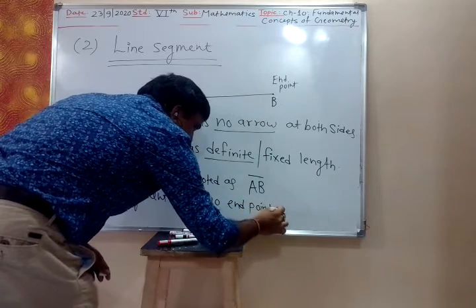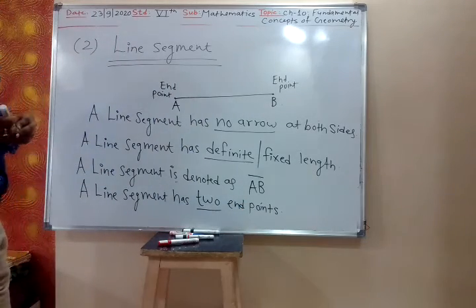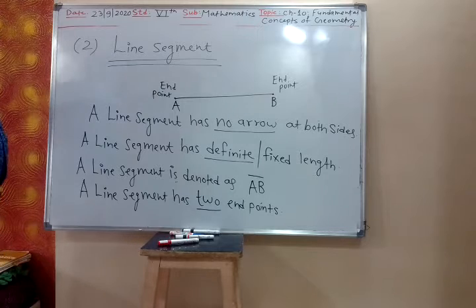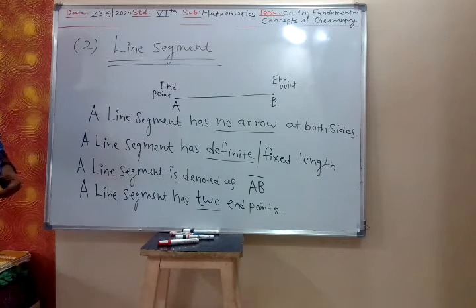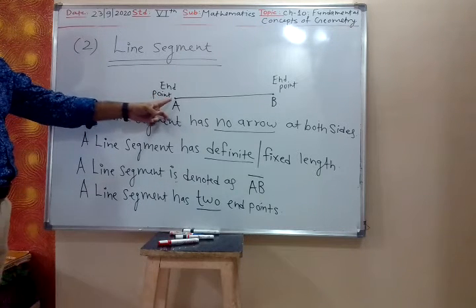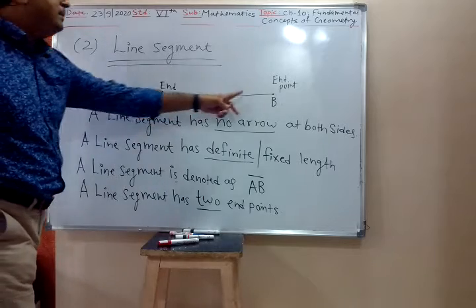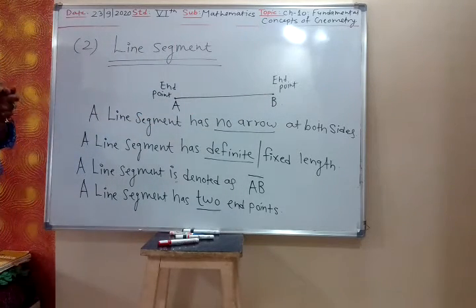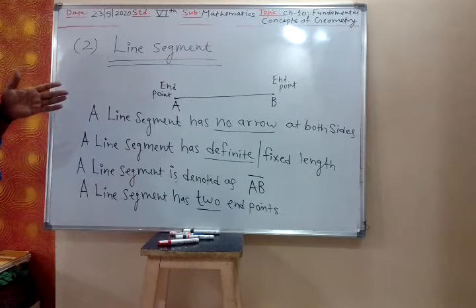A line segment has two endpoints, whereas the line has no endpoint. This is my endpoint A, this is my endpoint B. Whenever there is an arrow, the arrow is not the endpoint. Arrow means you can extend further.